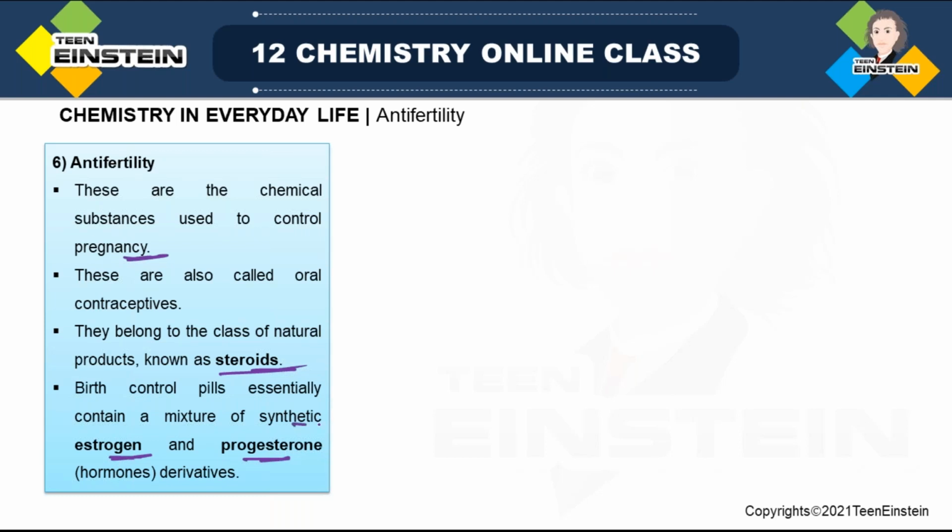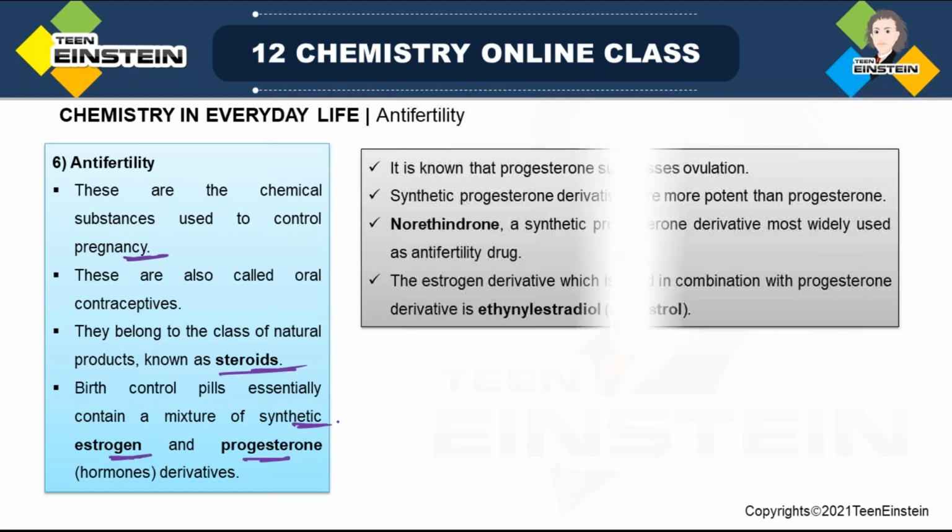But remember, they are synthetic estrogen or progesterone. If you consider actual estrogen or progesterone, that is the original, and if you do some synthetic modification, then we get a derivative of it. And these pills basically contain a mixture of the synthetic versions of these two hormones. So that is why it is a derivative of estrogen or progesterone.